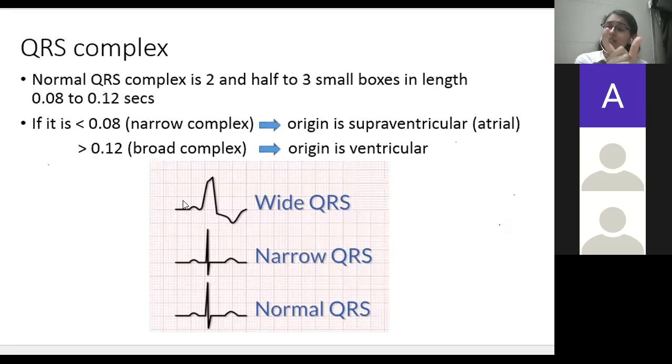If the QRS complex is very narrow, this is pathological, okay, not normal, because the normal QRS complex originates from the ventricular depolarization. But sometimes you have pathological atria.